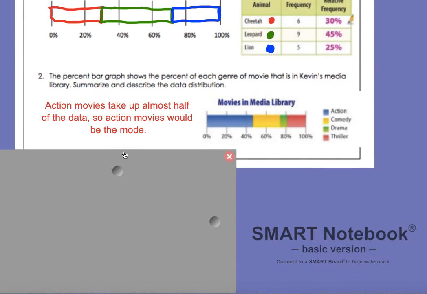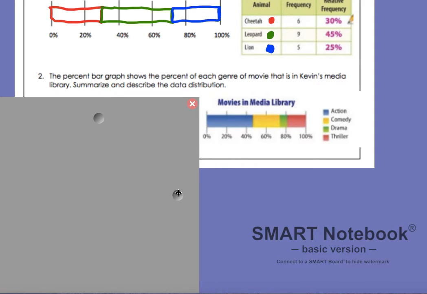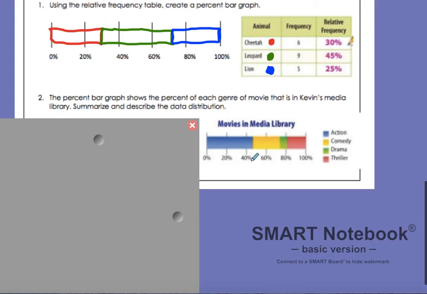And last, it says the percent bar graph shows the percent of each genre of movie that is in Kevin's media library. Summarize and describe the data distribution. So again, when we're summarizing data, we're just saying what we see. So here, from the percent bar graph, I can see that action is over 40, maybe even close to 50%.